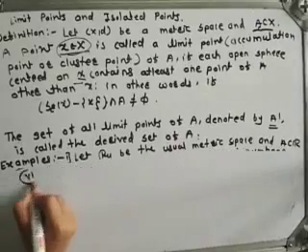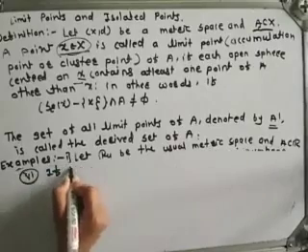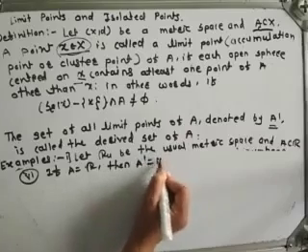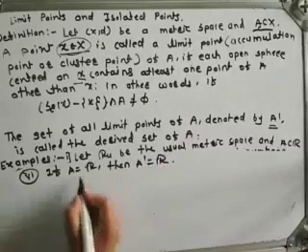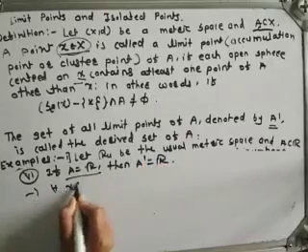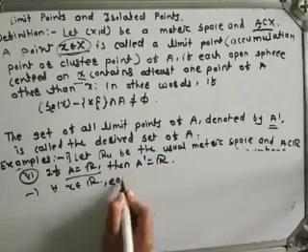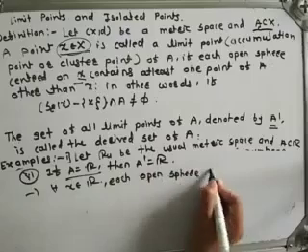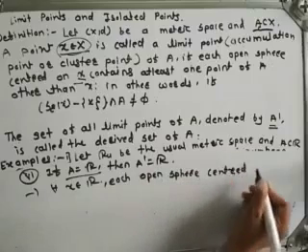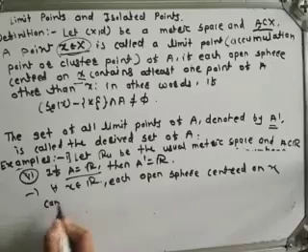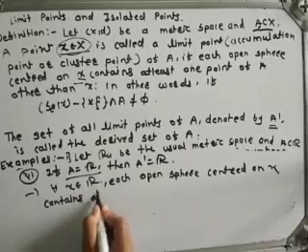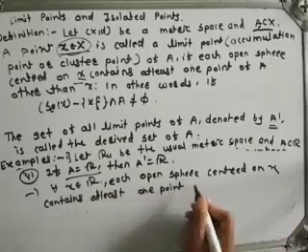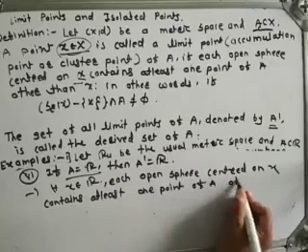Next example: if A is equal to R, then the limit point of A is equal to R. For all x belongs to R, each open sphere centered on x contains at least one point of A other than x.